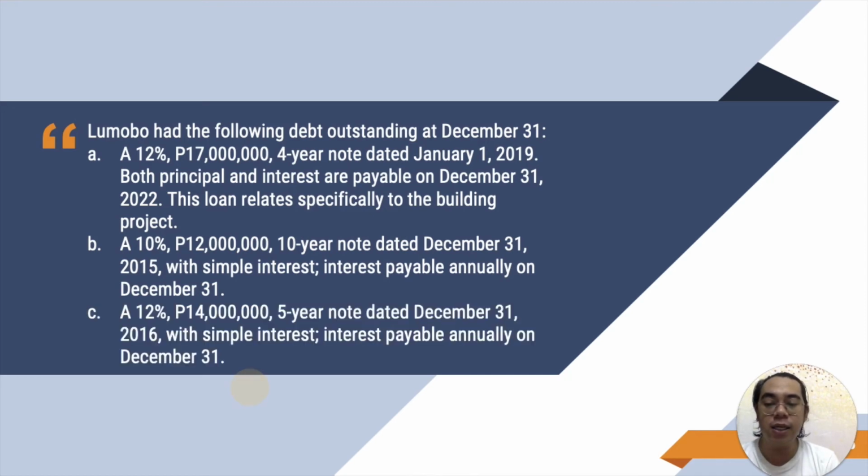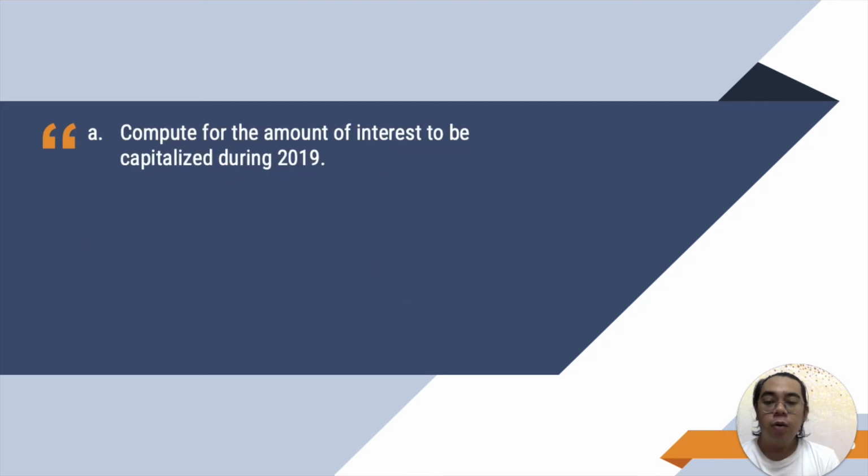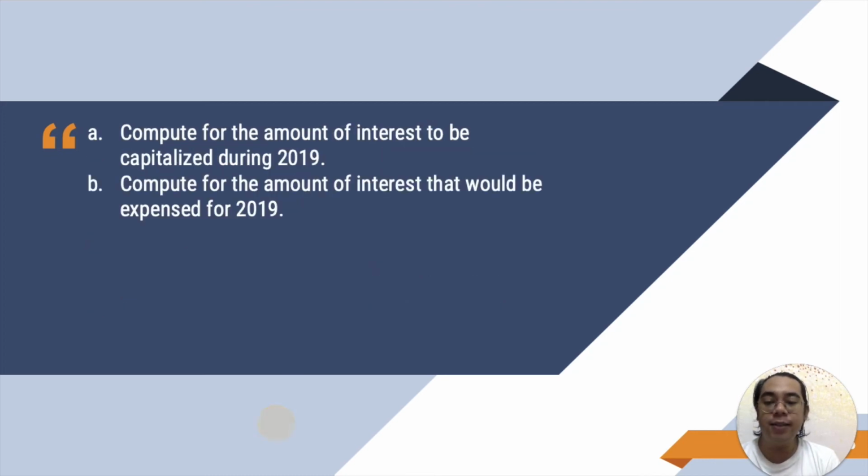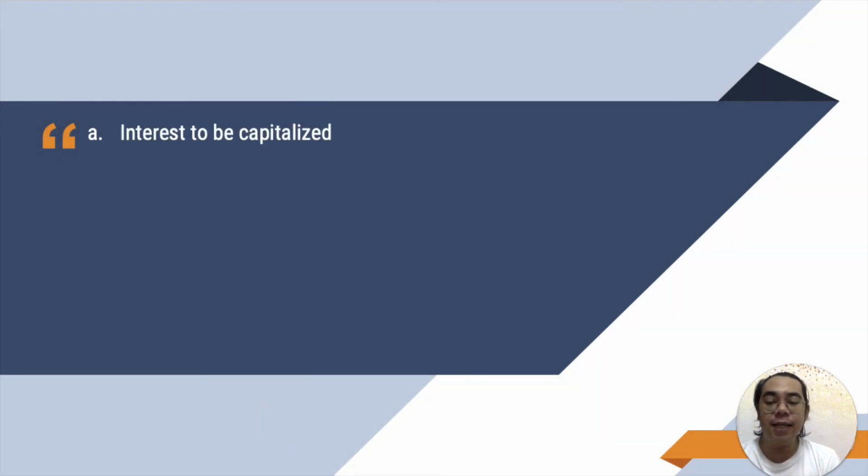And letter C, a 12%, 14 million 5-year note dated December 31, 2016 with simple interest, interest payable annually on December 31. We will compute the amount of interest to be capitalized and the amount of interest that would be expensed. So let's start with the capitalized interest.